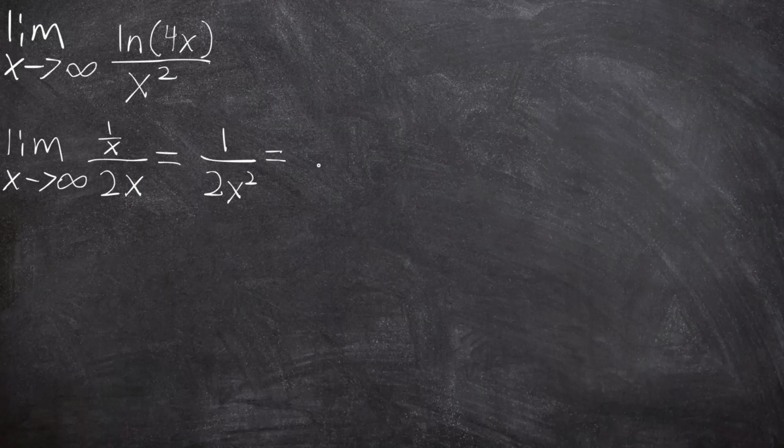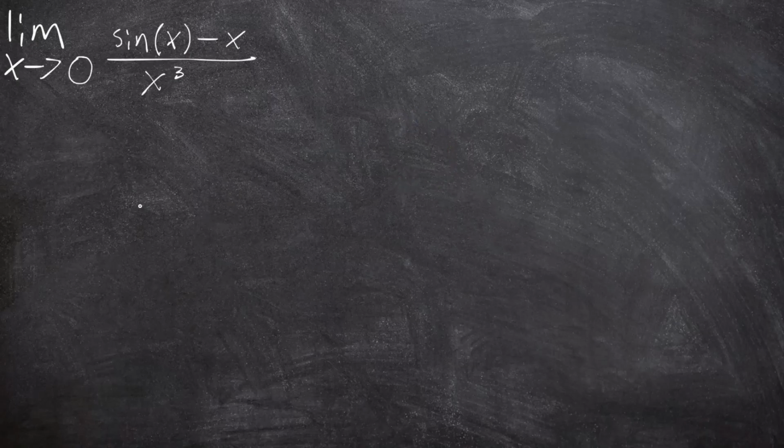And now we could plug in infinity, and plugging infinity into the denominator would just get us infinity, and 1 over infinity would just equal 0. And this is our final answer. Any constant over infinity will always equal 0. So remember that, and we will move on to the last problem.